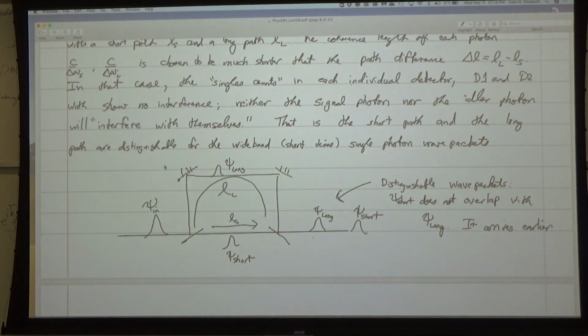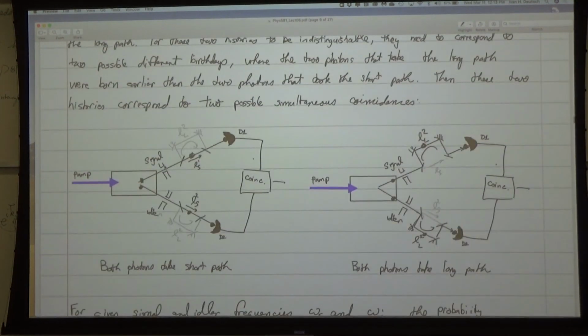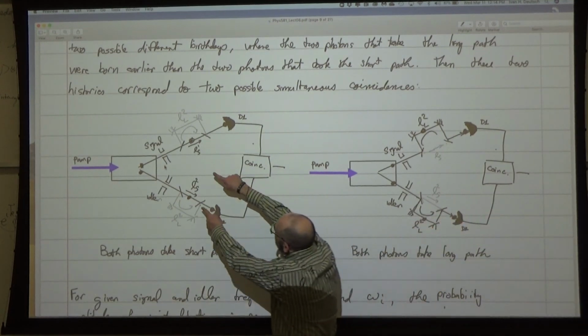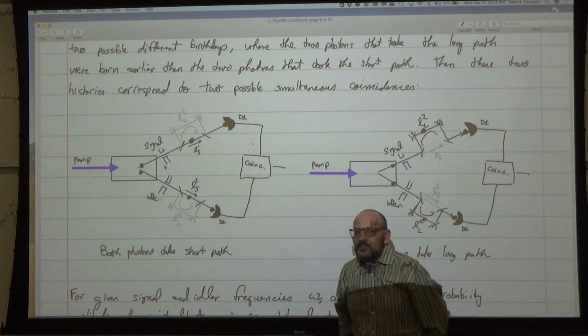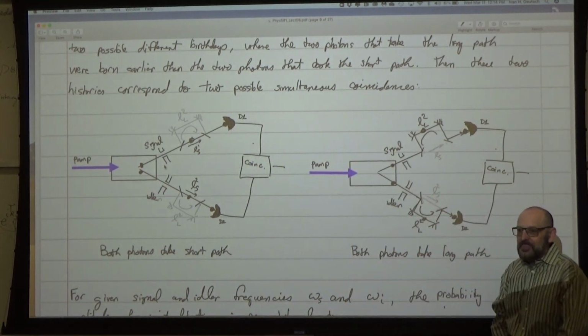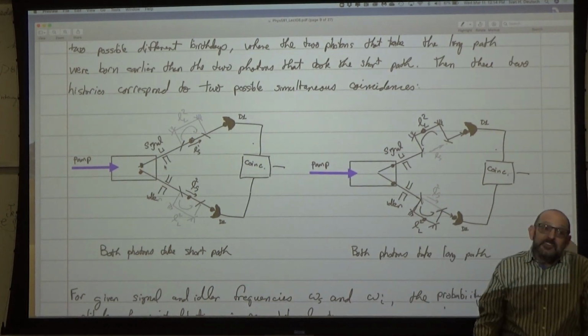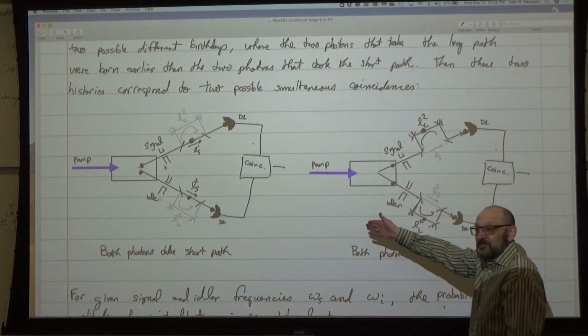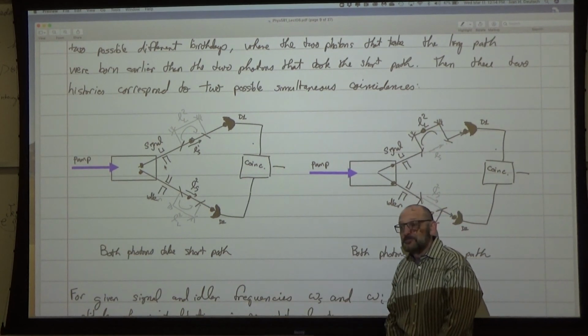However, what happens in coincidence? Well, I could have both photons go through the short path, or both photons go through the long path. And since I don't know their birthday, those two alternatives are indistinguishable.